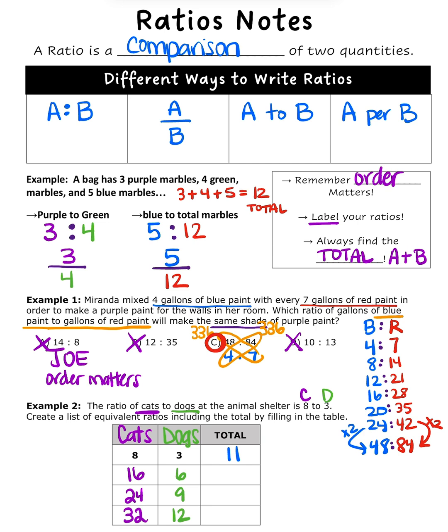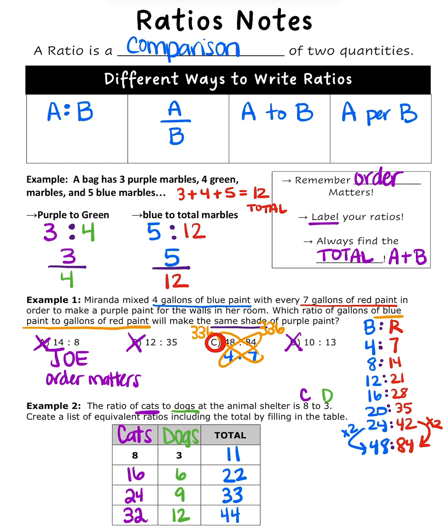You could say 16 plus 6 and put your total here, 24 plus 9 and put your total here, 32 plus 12 and put your total here, or you can skip count on this side, so 11, 22, 33, 44. And that's easier for me because I know my 11, so I'm going to say 11, 22, 33, and 44.